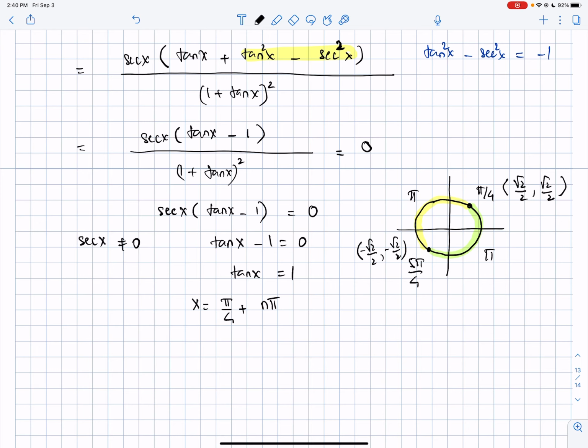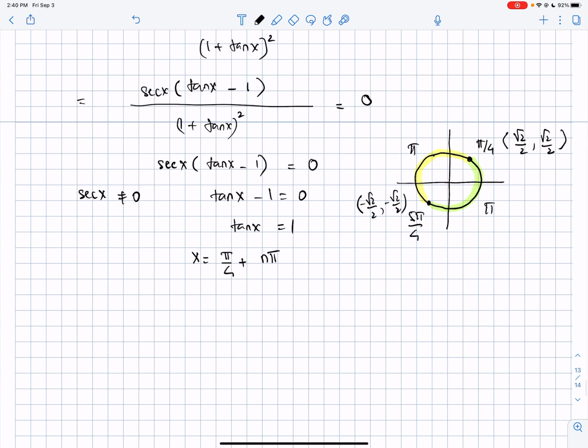It's a multiple of pi to go to the other one. Okay, so the answer is when x equals pi over 4 plus n pi, for n an integer. Integer means plus or minus 0, plus or minus 1, plus or minus 2, and so on. Then we will have the horizontal tangent for this problem.